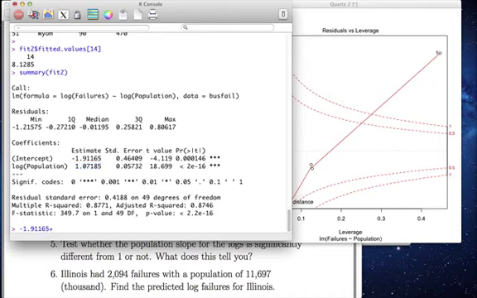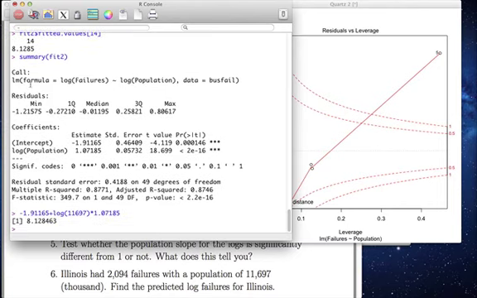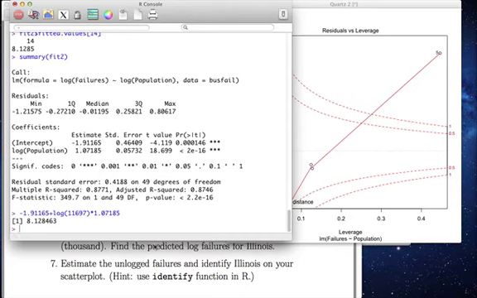So plus the log of population, 11,697, times the slope. And so you'll see that we get exactly what R got. So that's where R is getting that. And I'd say that's the answer to question 6. Identify unlogged failures and identify Illinois in your scatter plot. We already did that.